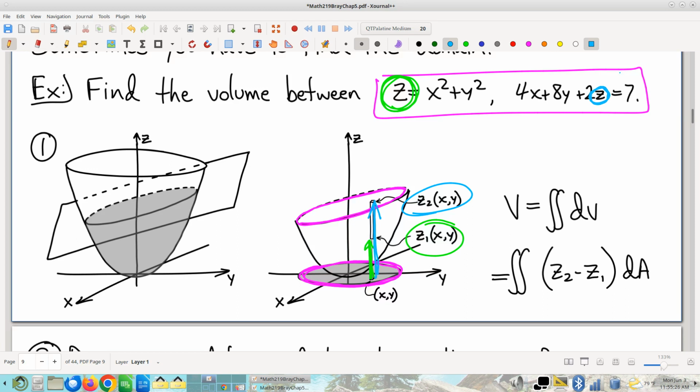And what I'm looking for are points on this boundary, namely points that are directly below this intersection, and at such points, these two z's need to be equal. I need the green height to equal the blue height. So I need that z to equal that z. Does that make sense?